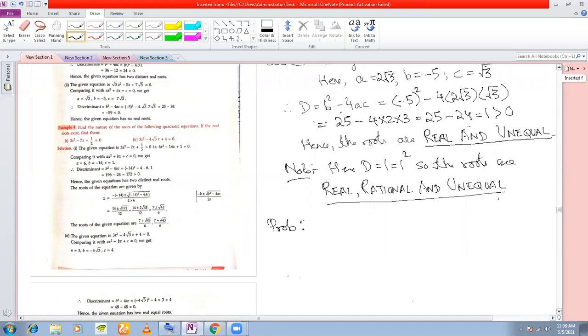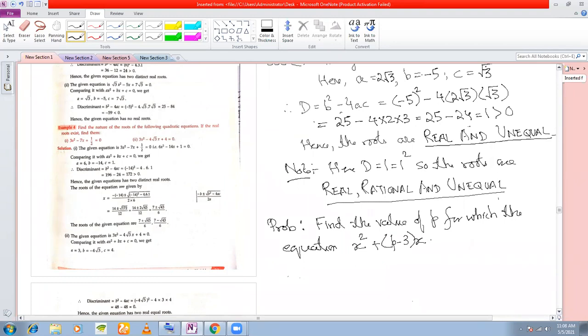Find the value of p for which the equation x square plus p minus 3 x plus p equal to 0 has equal roots.